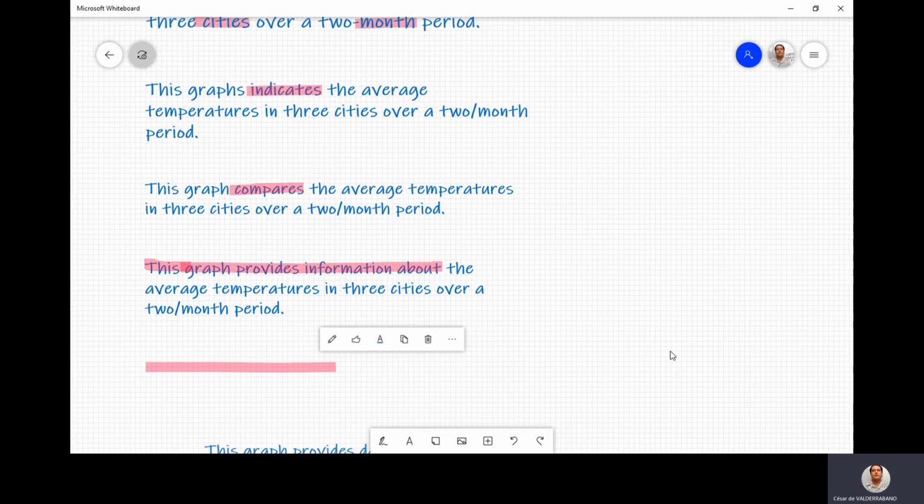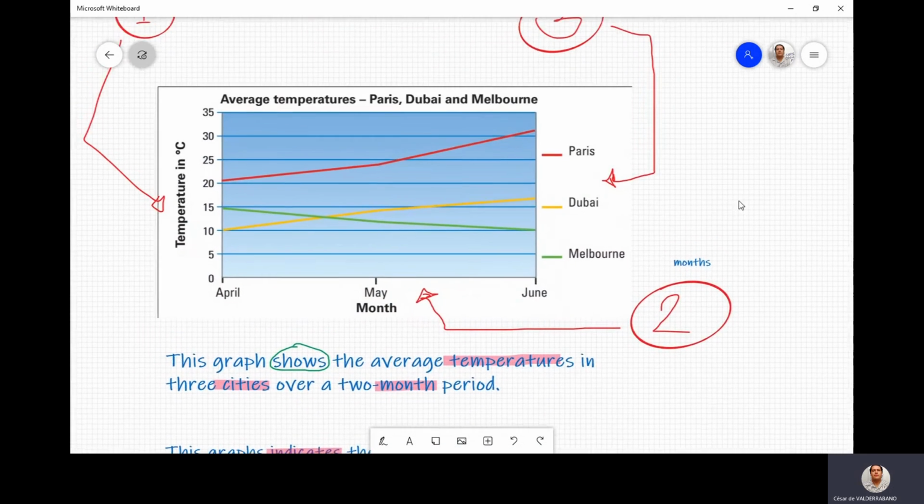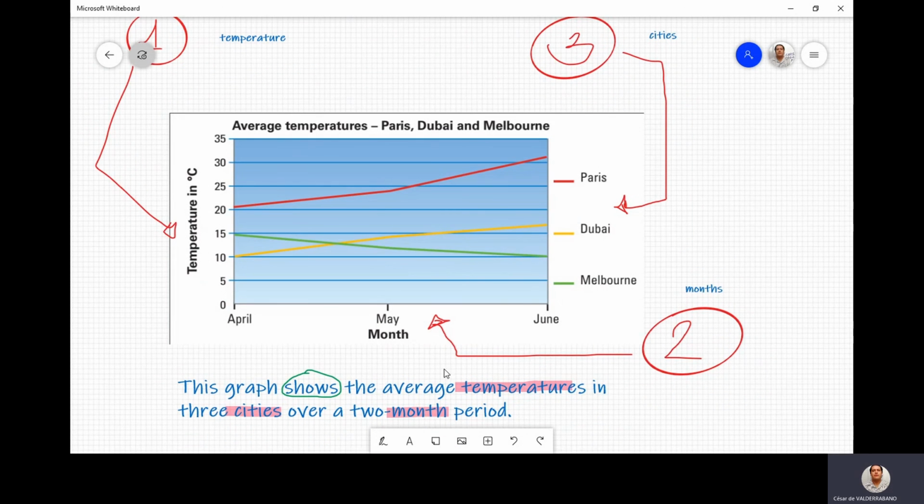Look at the way all of these sentences consider the three elements of the graphs. For example, temperatures. Here you can see the cities and the months. So it's very important that we include the elements that describe the graph.